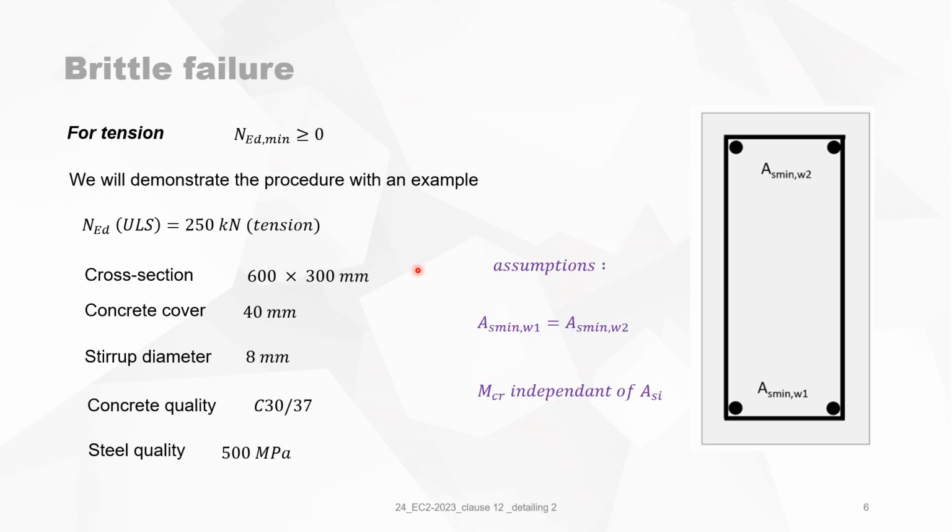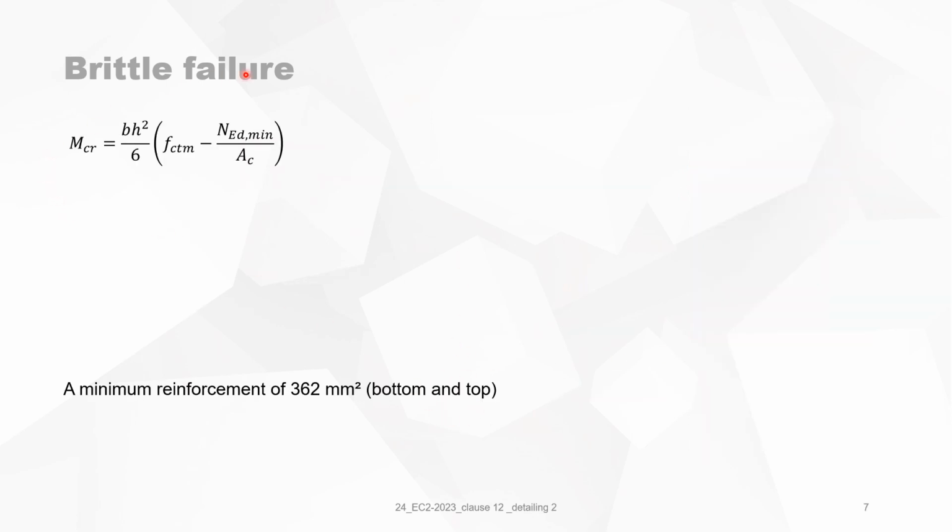We have to make assumptions, otherwise the solutions are infinite. The assumption is that it's a symmetrical reinforcement, so bottom and top the same reinforcement, and the cracking bending moment is independent of the reinforcement. With those two assumptions, we calculate the cracking bending moment, which is now easy.